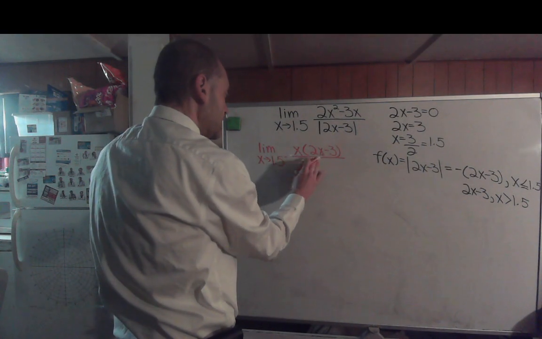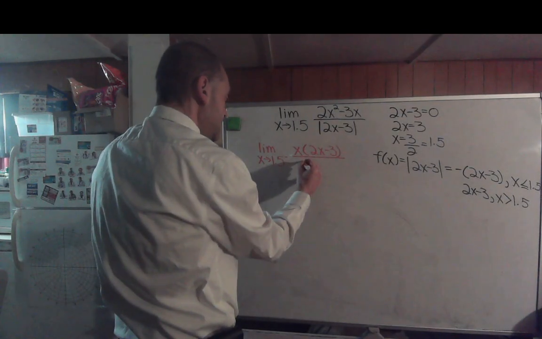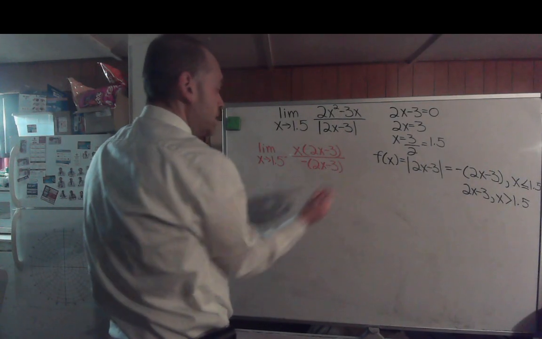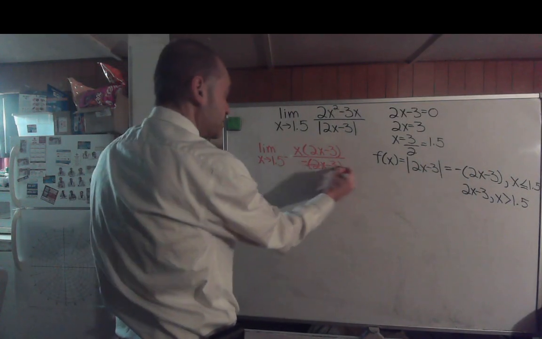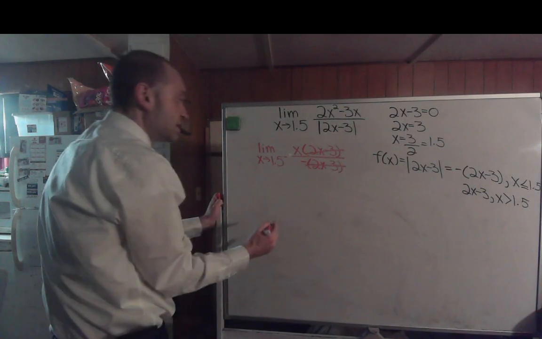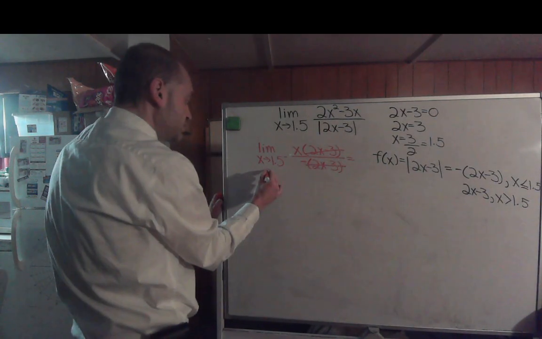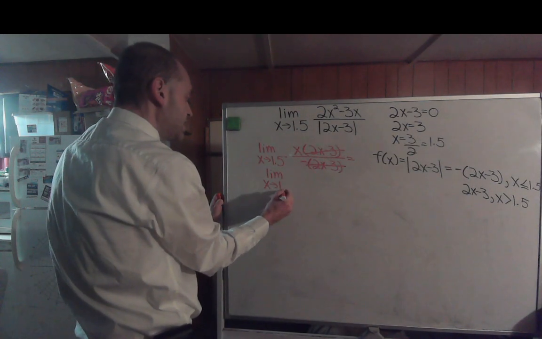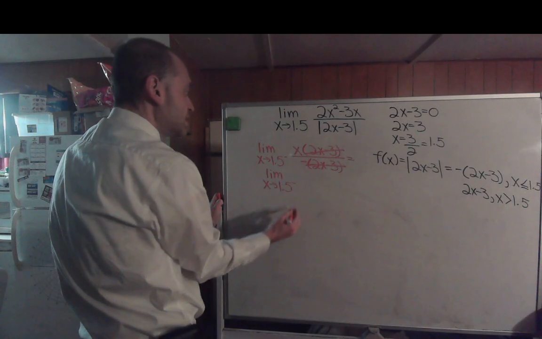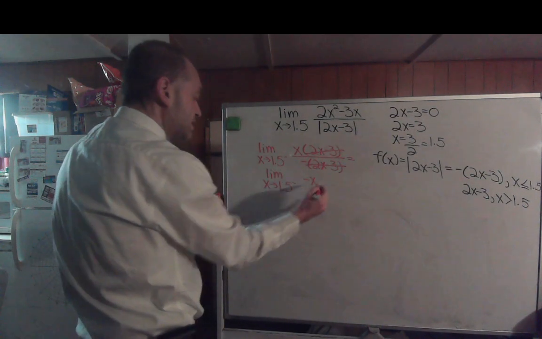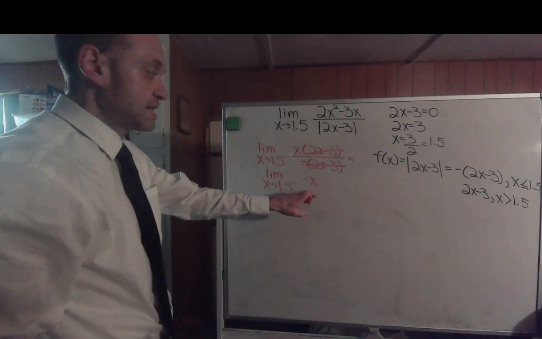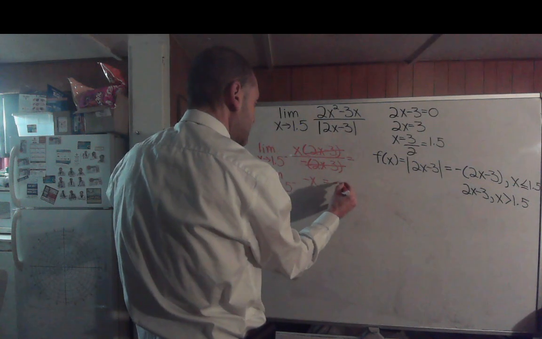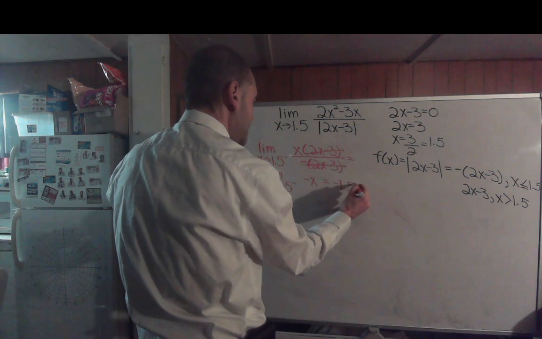So you'll take the negative of that 2x minus 3. Well, your 2x minus 3's cancel out. This would end up turning into the limit as x approaches 1.5 from the left of negative x. Well, now you can just do direct substitution, put in that 1.5, you'll get a limit of negative 1.5.